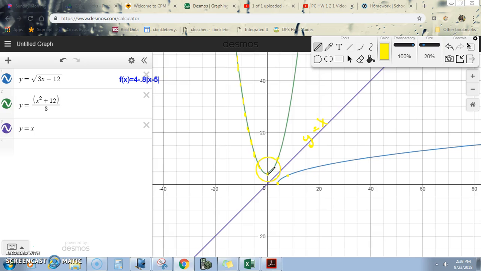So for this green line to be the actual inverse of the blue line, it's only going to be for x greater than or equal to 0. This whole part where x is negative is not going to be part of that reflection.